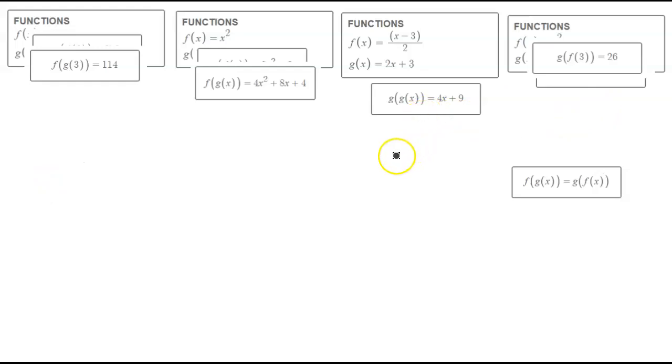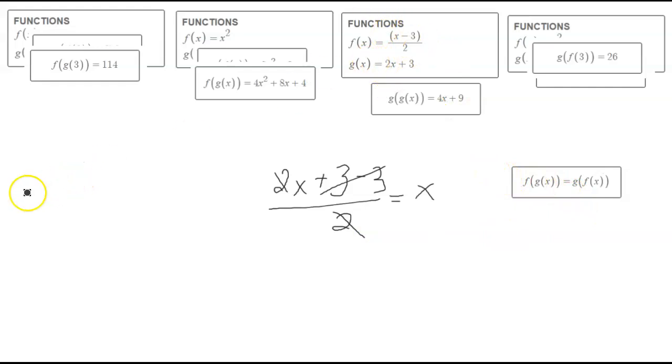I'll just show it. So if I go in here and I plug in g of x to that f of x function, it's going to look like this. 2x plus 3 minus 3 over 2 equals x. Because these cancel and those cancel.